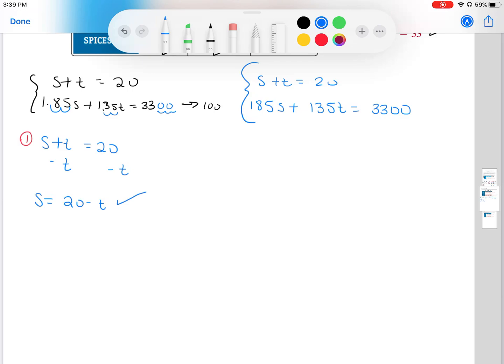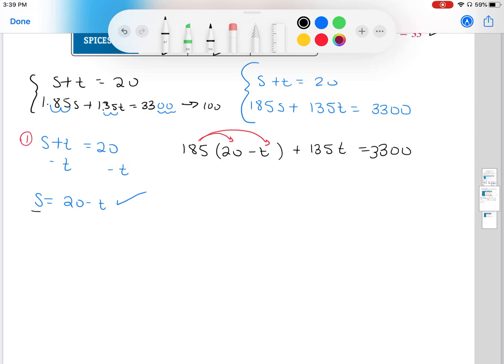All right, let's plug that into our other equation. So I have 185 times 20 minus t, plus 135t is equal to 3,300.